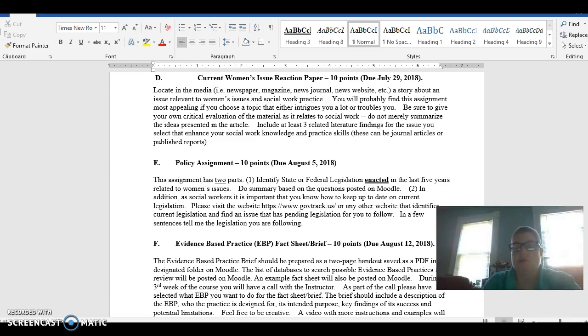And you need to include 3 related literature materials related to the topic of your news article. And they can be journal articles or published reports, not other news articles. So you get into the social work literature, published government reports that tell you more about the topic that the news article was about.